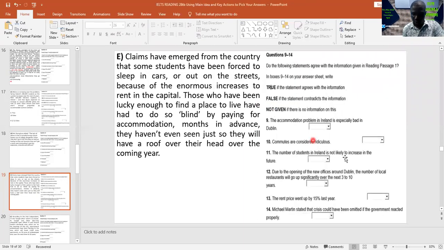These are the next set of questions. Has it answered any of these? I can't seem to see that it has answered any, so I will get back now.